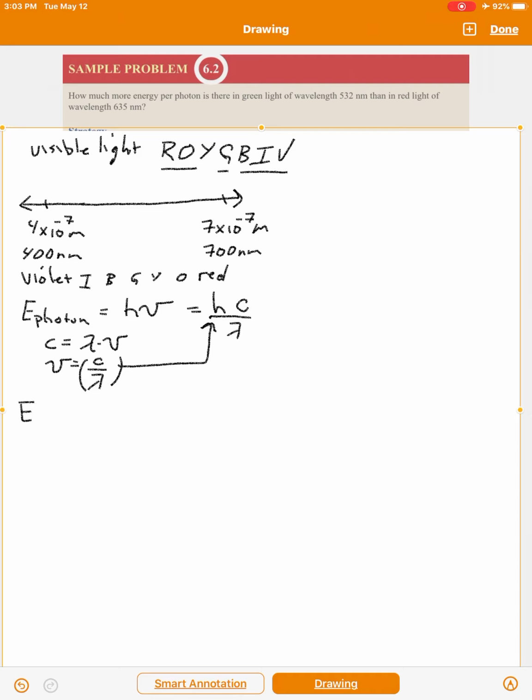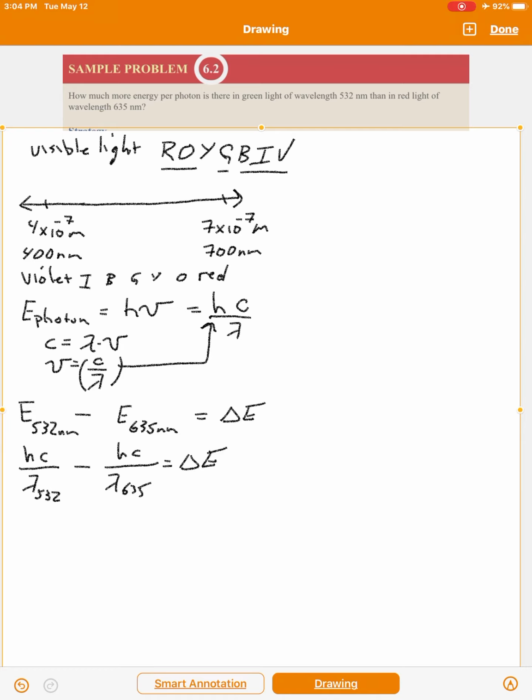We could calculate the energy of the photon that has 532 nanometers, and then calculate the energy of the photon that is at 635 nanometers, and then take the difference and call that delta E. Now, this would be hc over lambda, where lambda is 532, minus hc over lambda 635, right? Just substituting the equation for energy.